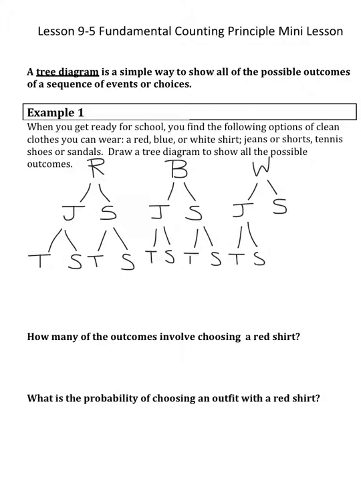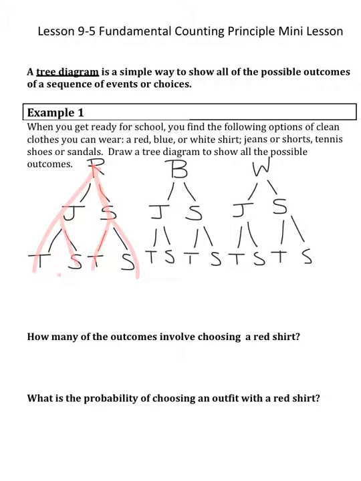A tree diagram helps you to see all the different outfits that can be created. Really, all you do is look at the bottom here. You're looking at the number of paths you have. So we have 1, 2, 3, 4 paths there, and then we can keep going.